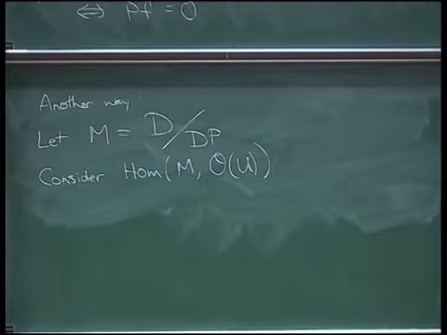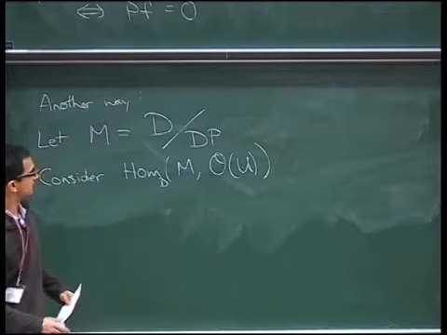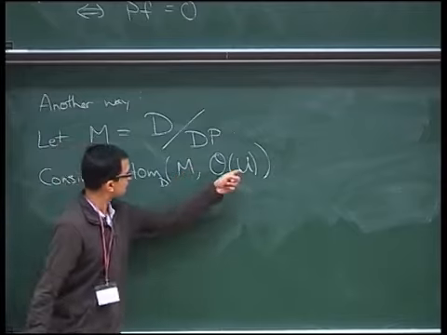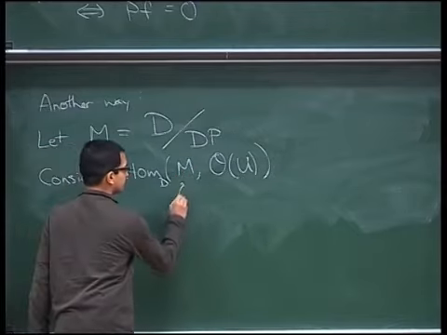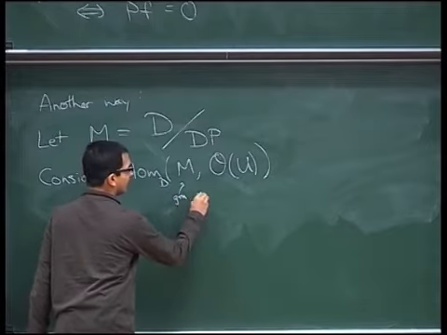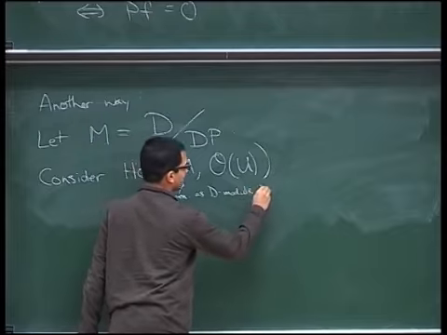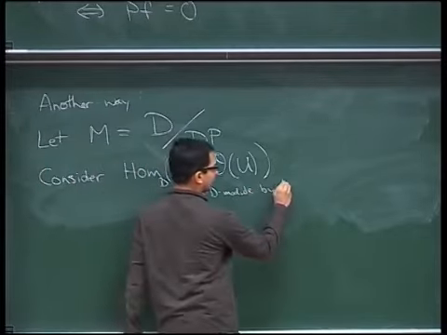So this is going to be Hom of D modules. What does it mean to give a map from this module to this module? Well, M is generated as a D module by one element, by the image of the ring element 1.